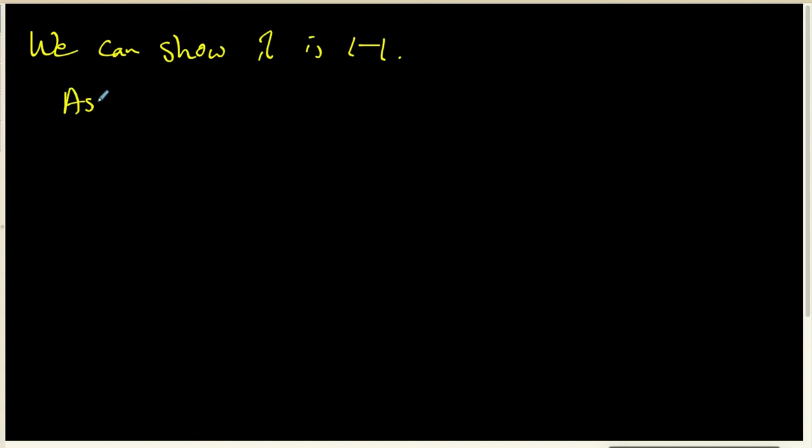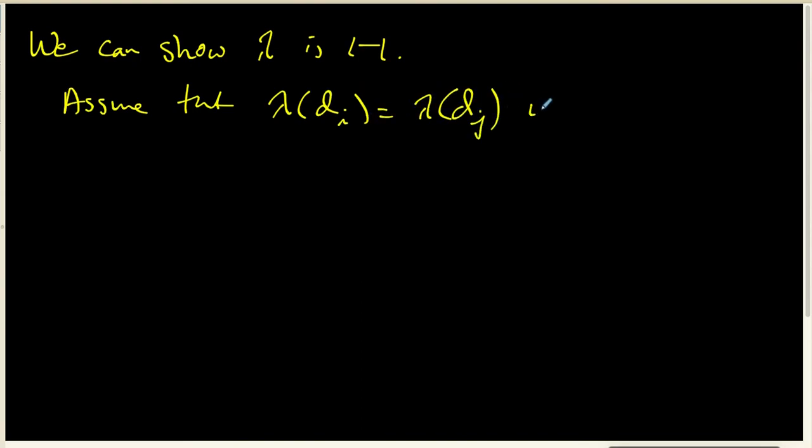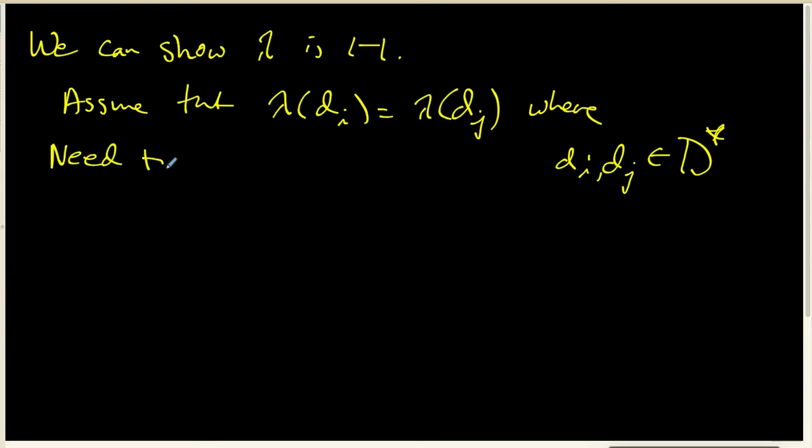We're going to assume that lambda of, say, let's call it lambda of di is equal to lambda of dj, where di and dj are two of those elements of d star, and we need to show that di and dj are one and the same unit. If we can do this, then we know that lambda is 1 to 1. So let's look at this.